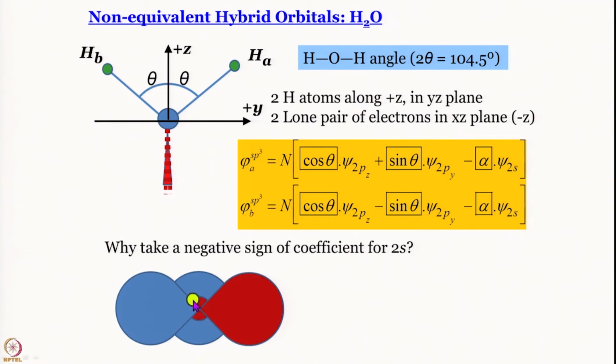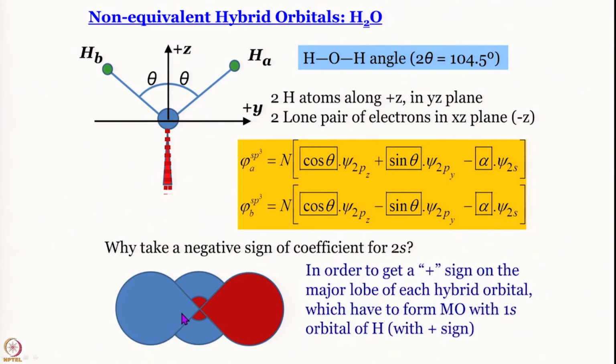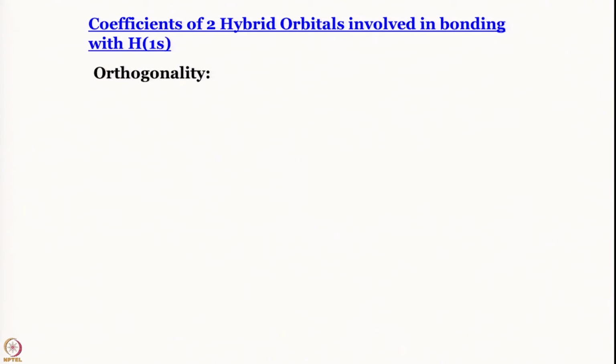So, conventionally we like to keep the sign of the major lobe plus, that is why we use a negative sign for the coefficient of 2s, but it is not compulsory, you might as well keep it positive, it does not make any difference.